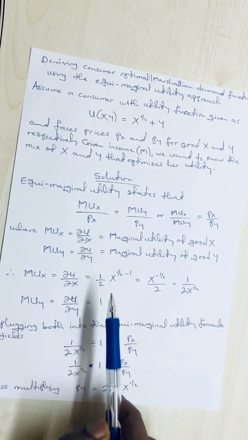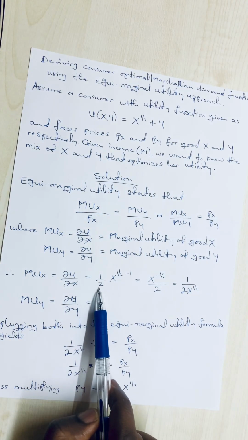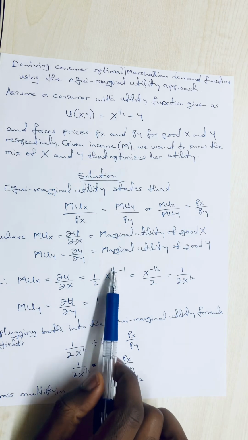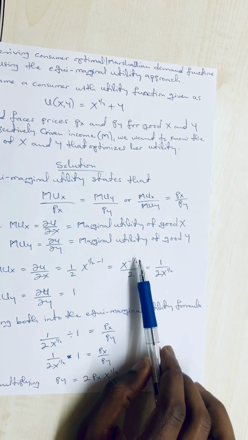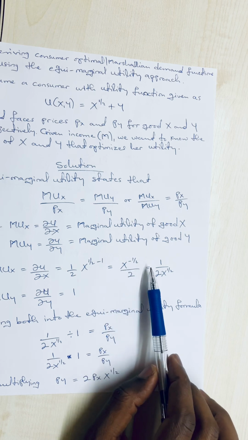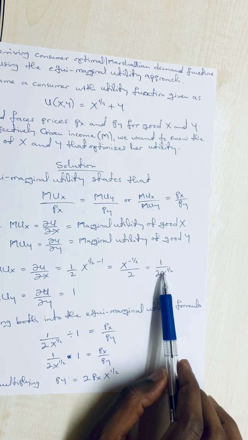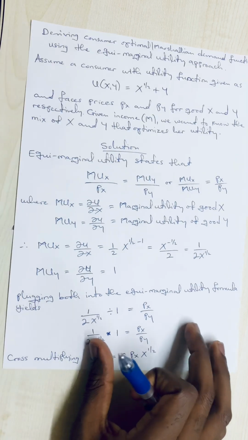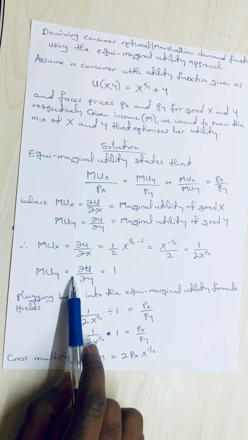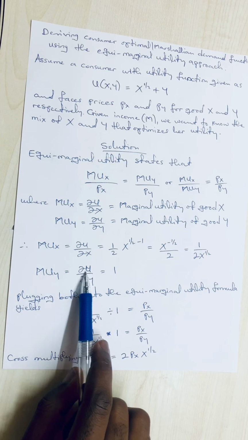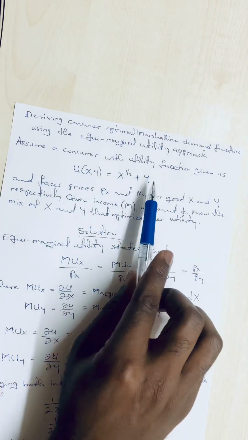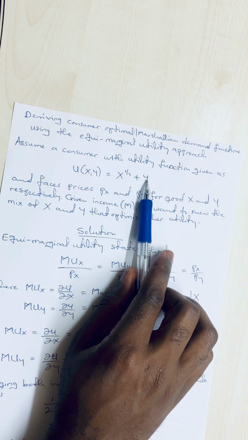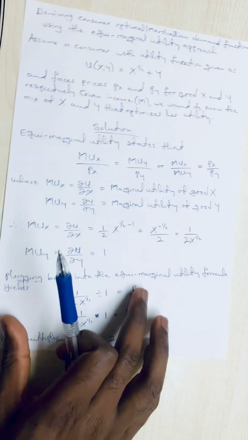If you differentiate x^(1/2), you have the half coming down, x^(1/2 - 1) equals x^(-1/2) over 2, which is equivalent to 1 over 2x^(1/2). The marginal utility of y is the differential of U with respect to y. It gives you 1 because y just has a power of 1.